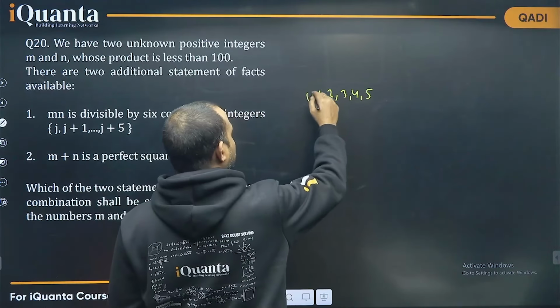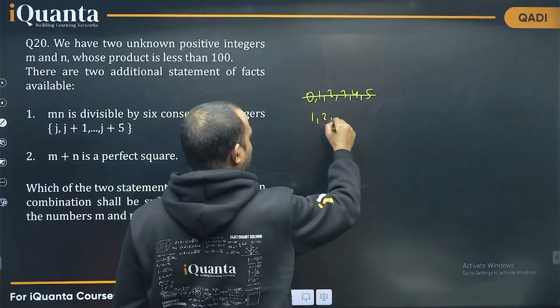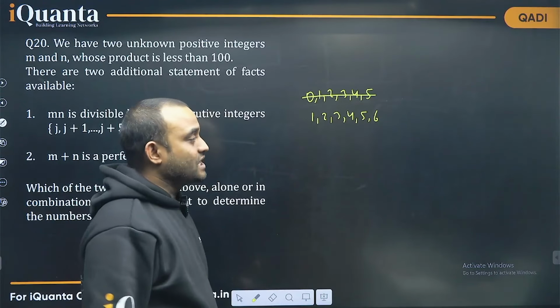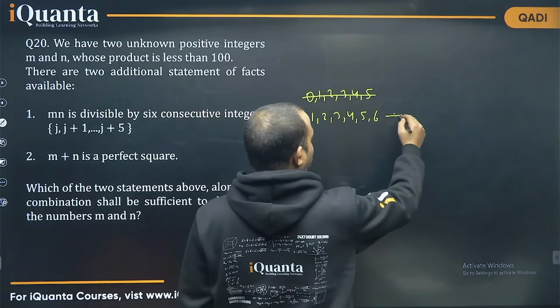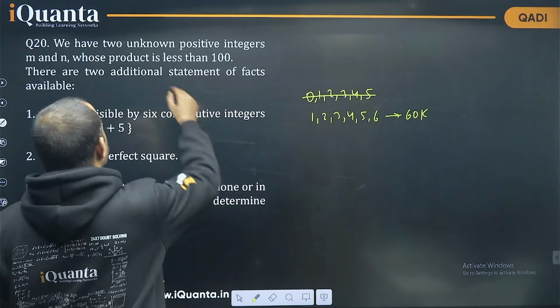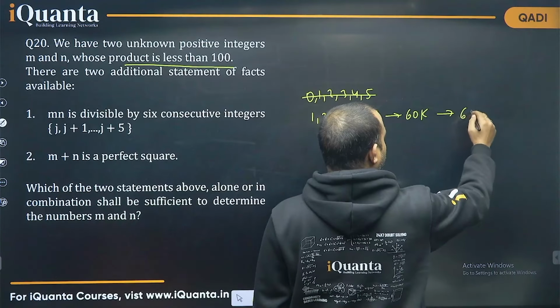Of course, 0 is confusing, so let's ignore this. We can take 1, 2, 3, 4, 5 and 6 as consecutive integers. If any number is divisible by all of these 6 consecutive integers, that number must be a multiple of 60. But m into n is less than 100. So there is only one such number possible, and that will be equal to 60.